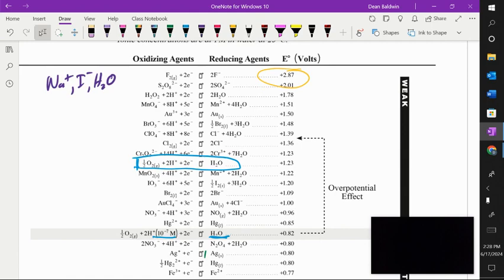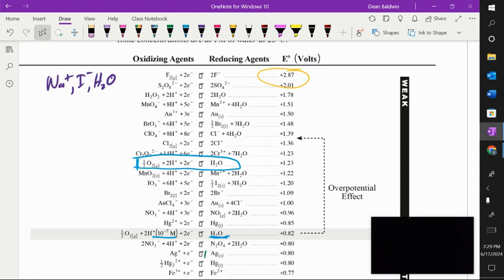Of these three things, which is likely to be reduced, i.e. gain an electron? Sodium, does it want to gain an electron? It does, because it's positively charged, right? Does a negatively charged atom want to pick up another electron? Probably not. Does water? We know water can be reduced and oxidized. So really it's between these two, but we'll look for iodine too.